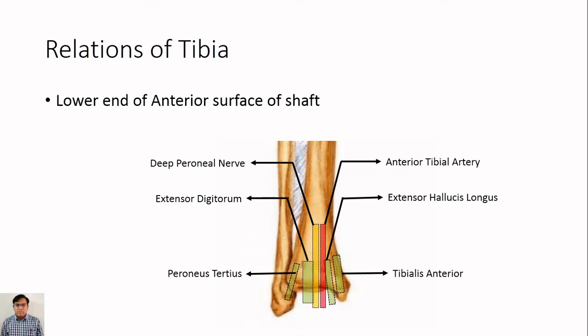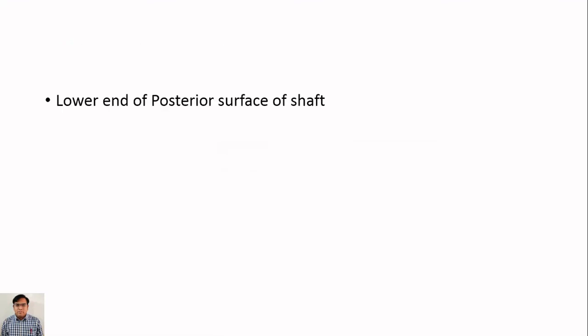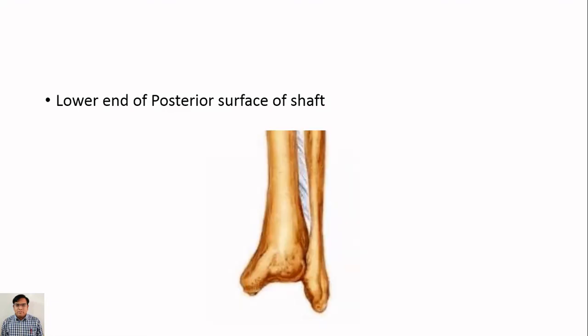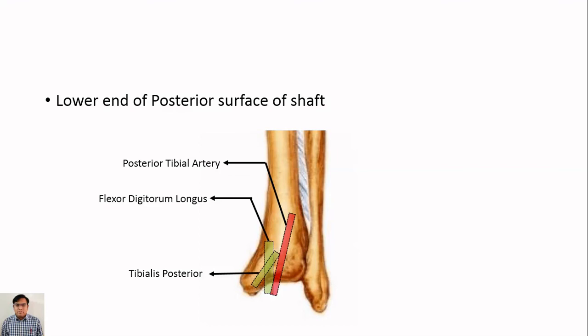or peroneus tertius. Now the lower end of the posterior surface of the shaft of tibia is related, from medial to lateral side, to tibialis posterior, then flexor digitorum longus, then the posterior tibial artery, then the tibial nerve, and then flexor hallucis longus.